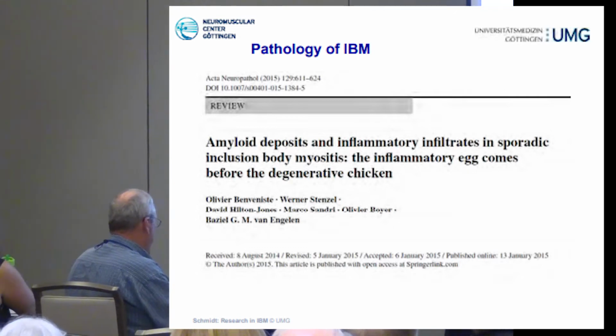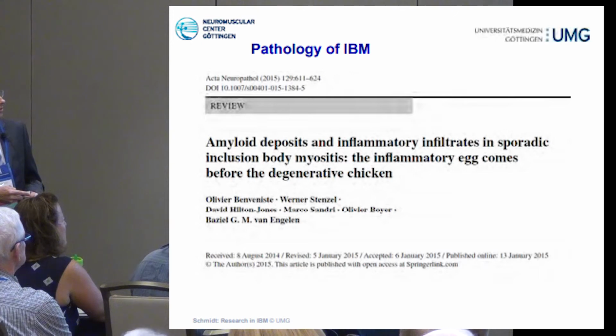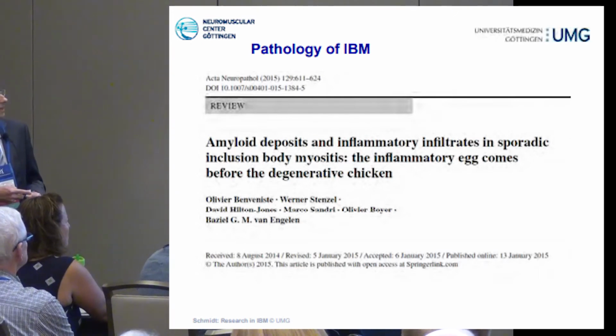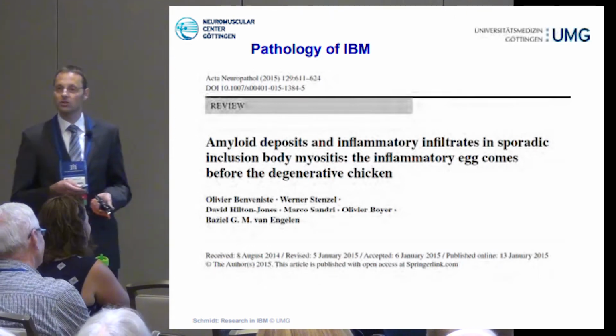And they titled it Amyloid Deposits and Inflammatory Infiltrates in Sporadic Inclusion Body Myositis: The Inflammatory Egg Comes Before the Degenerative Chicken.